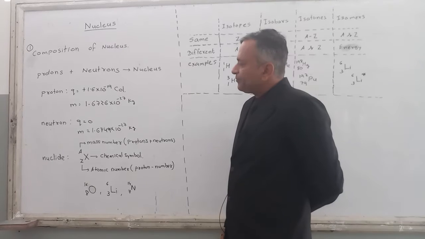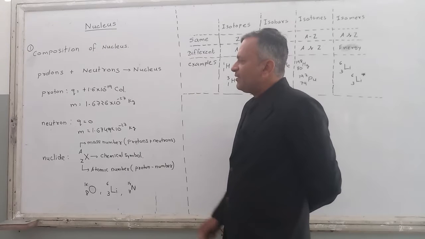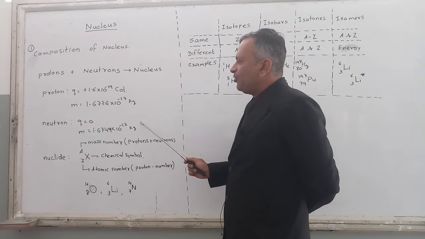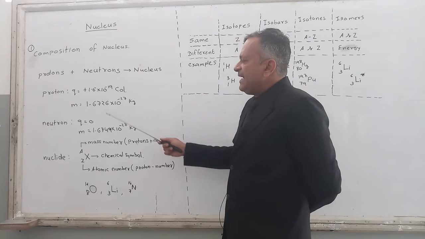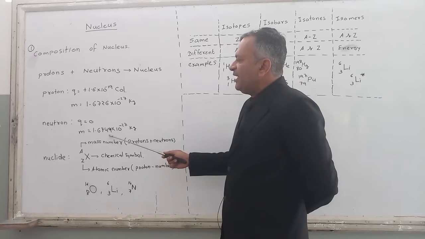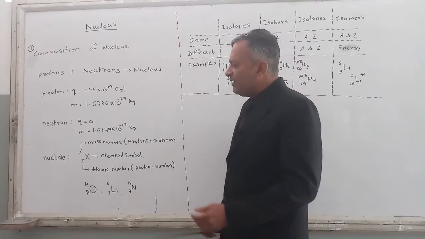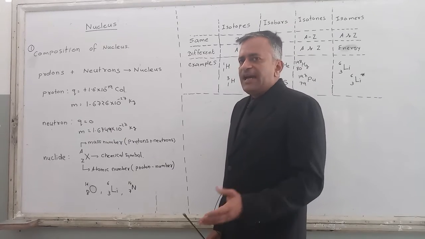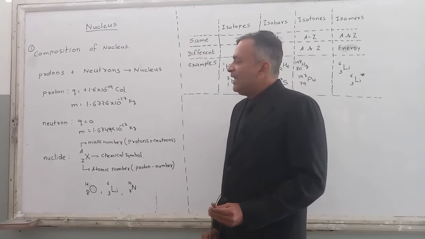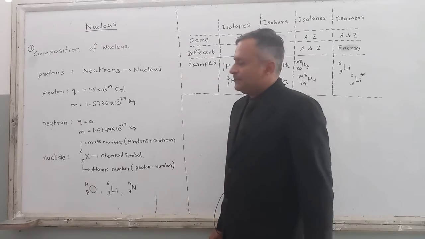You can see the difference between the masses of proton and neutron. It's 1.67, 1.67. There is only a small difference between their masses. But generally, when we take the mass of proton and neutron, they are considered to be approximately or completely same.